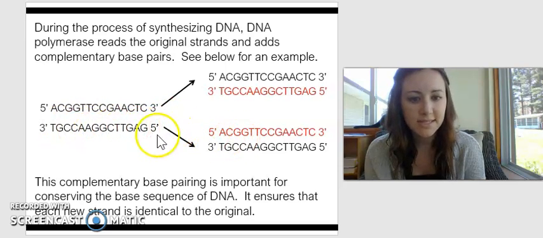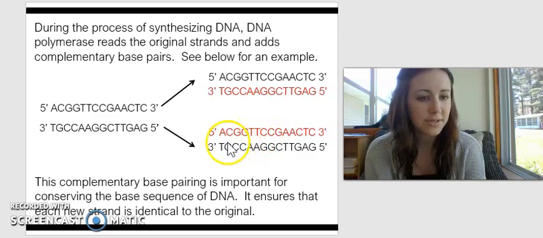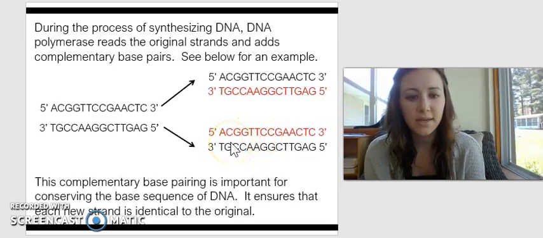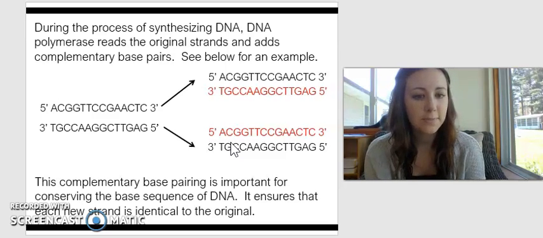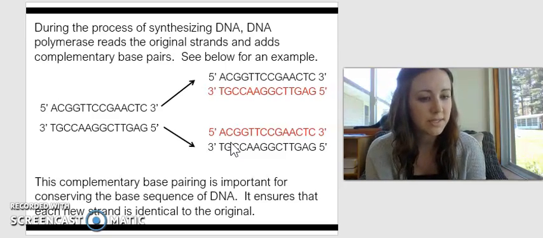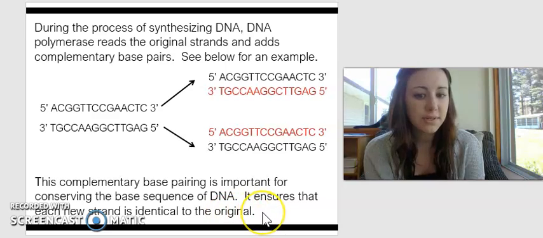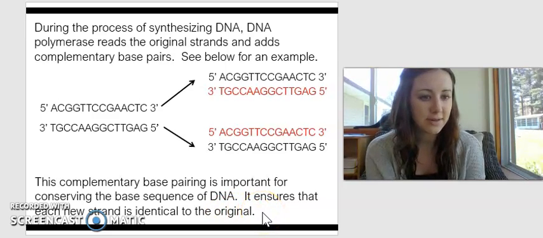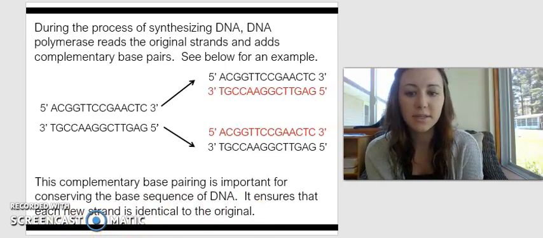If we use this as the template strand, the new strand is going to be complementary to that template strand, and what we get as a result is a new copy of the original DNA, and we copied it in order to pass it on to the daughter cells. And it's important that each new strand is identical to the original. If it's not, that gives rise to mutations, and we'll talk about mutations a little bit later.